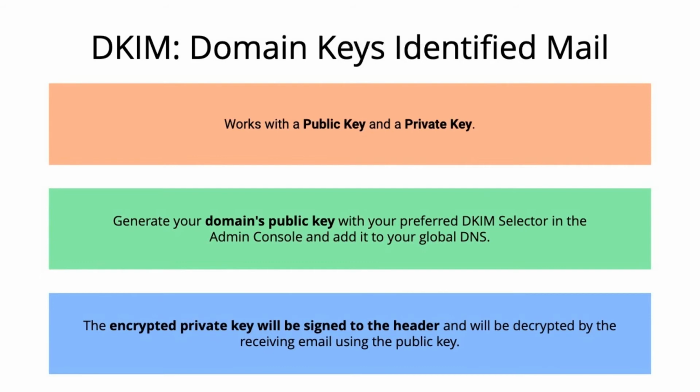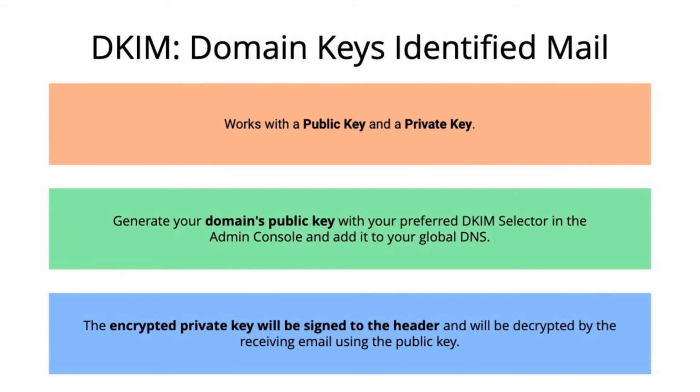The signing of the private key in the email's header automatically happens in the background. Once the email gets sent, the receiving server will first verify if the domain of the sender's email address matches with the domain set in the private signature added to the header.